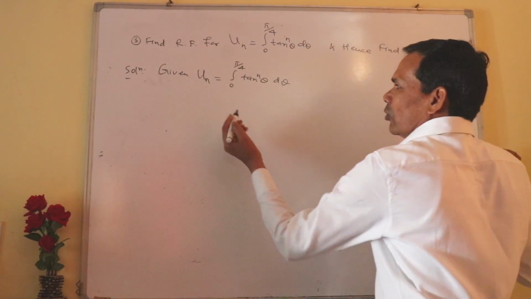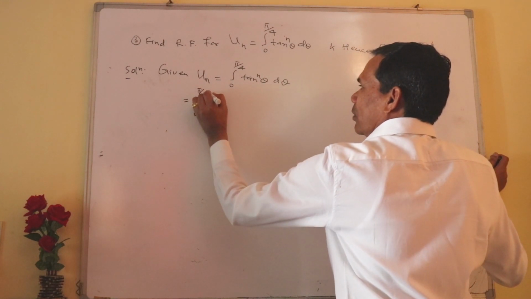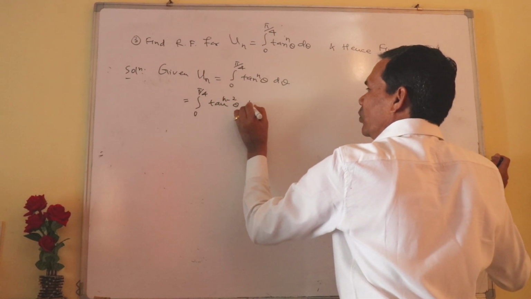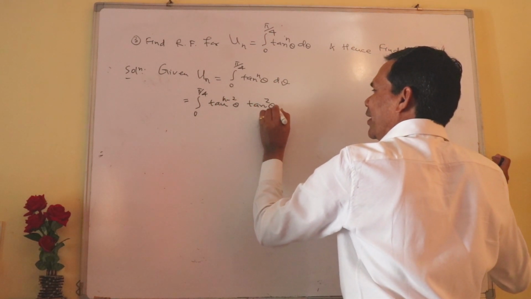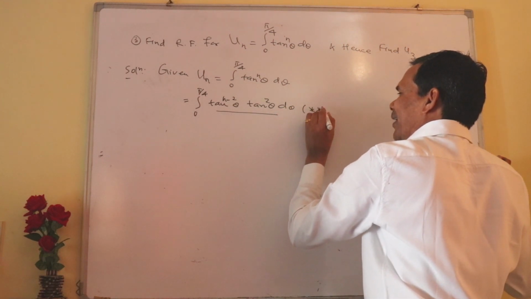So we reduce index by 2, 0 to pi by 4 tan raised to n minus 2 theta into tan square theta. Note this very important step here, reducing index by 2.